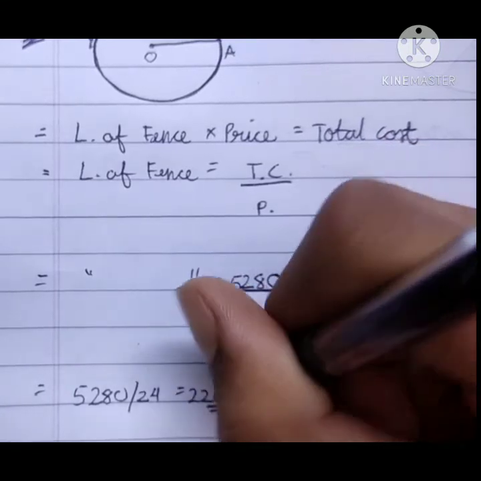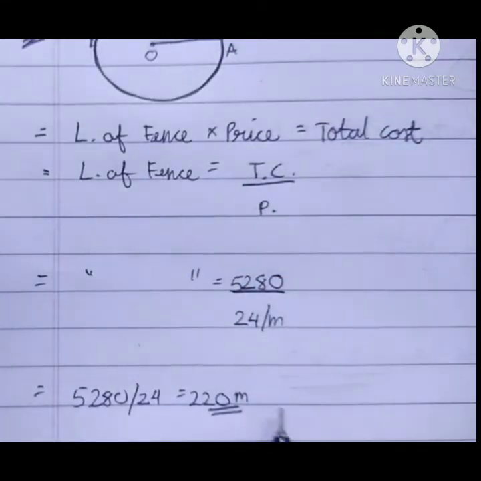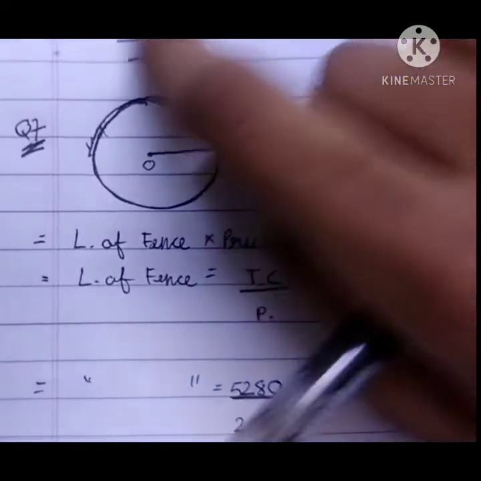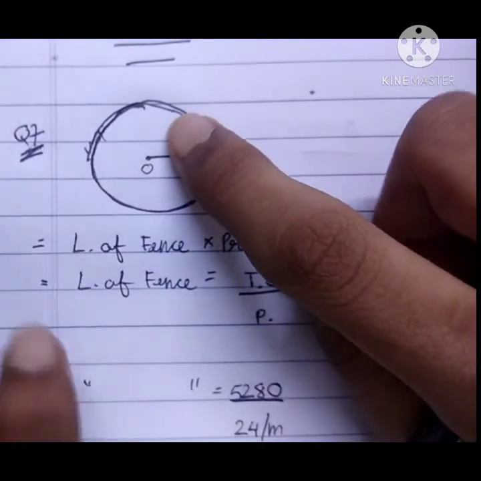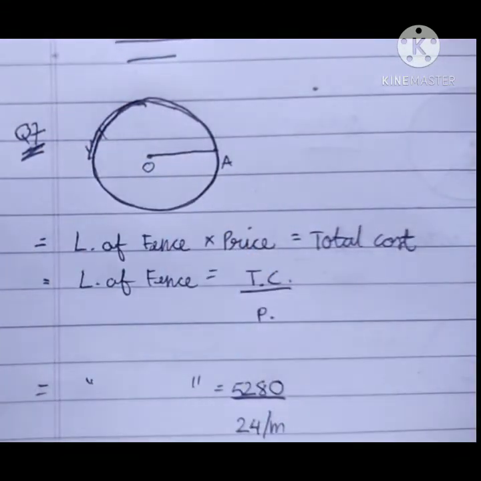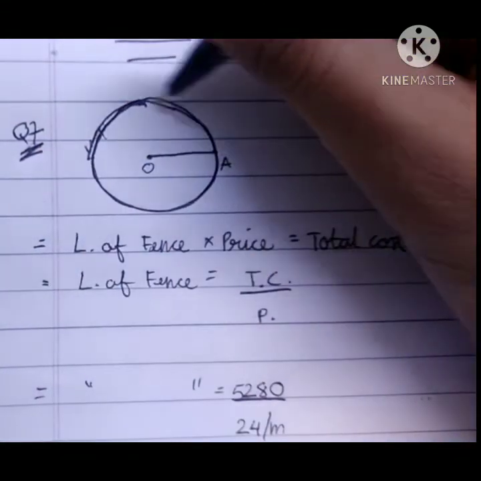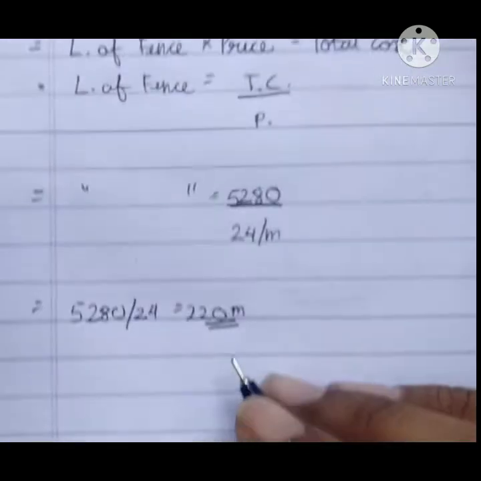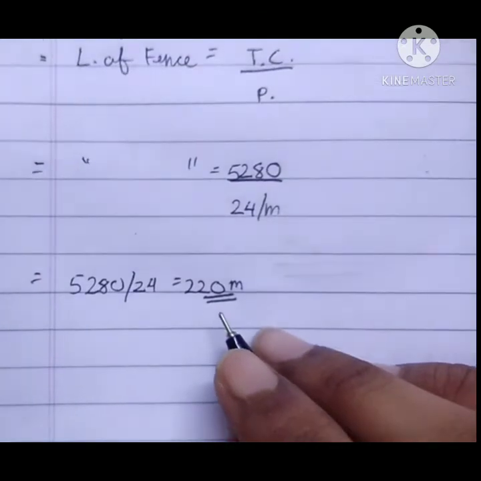So the length of the fence is 220 meters. The length of the fence is the perimeter, or the circumference, of the field. So the whole circumference is 220 meters.